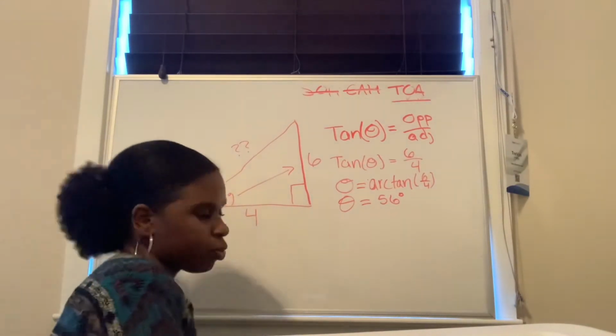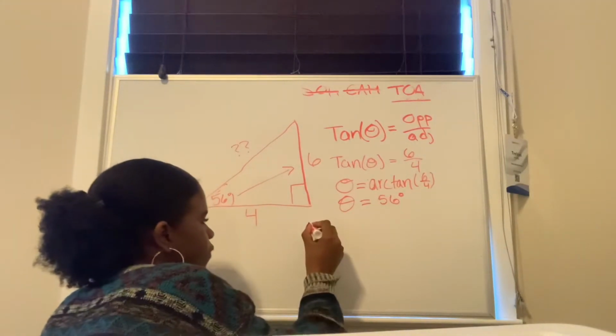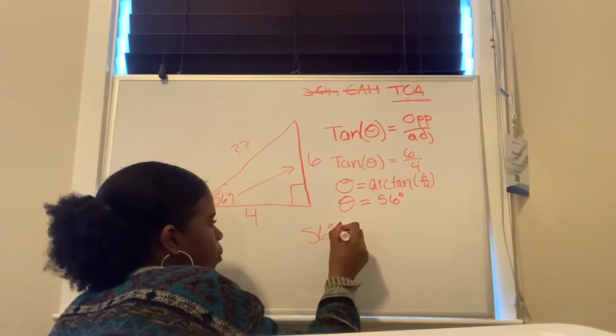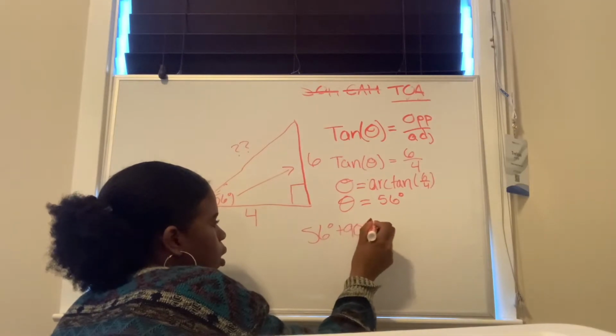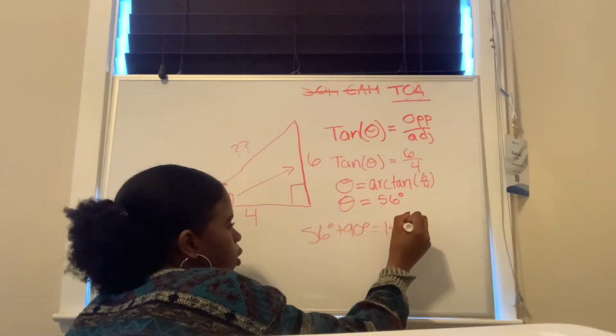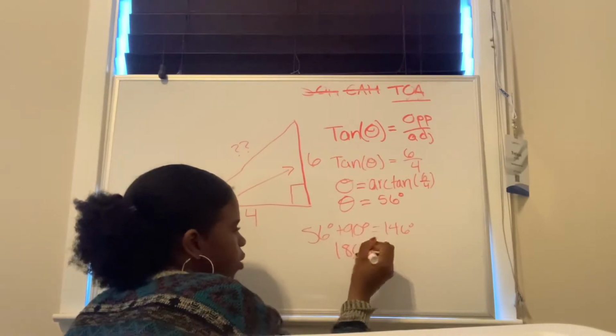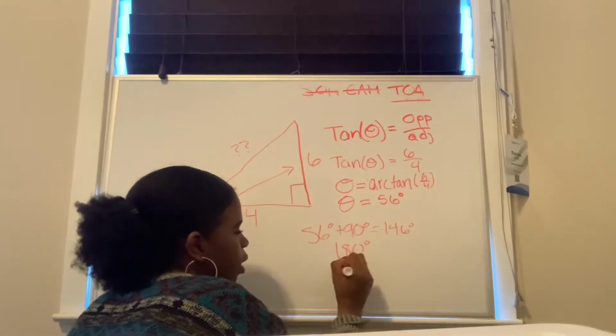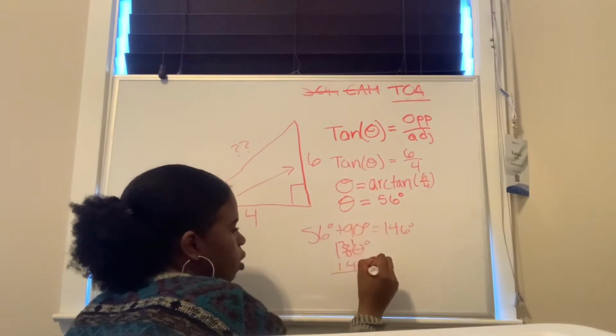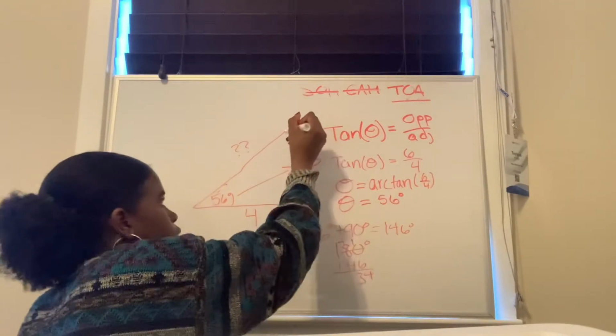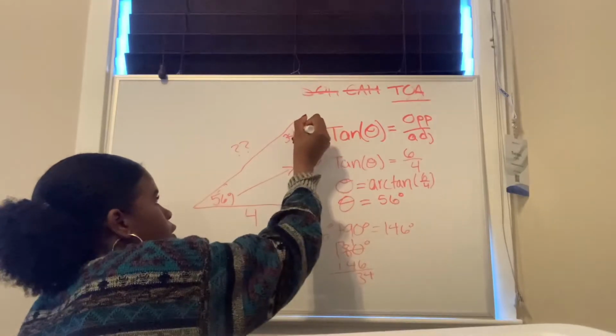Okay. I'm going to do a little shortcut. 56 plus 90 equals 146. There's 180 degrees in the triangle. We know that 2 of those added together is 146. This one should be 34 degrees.